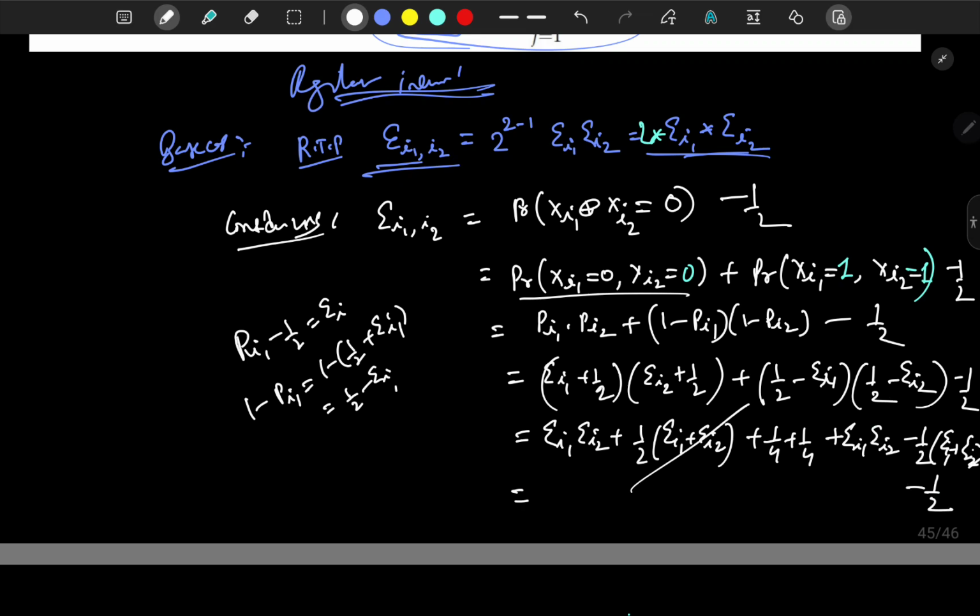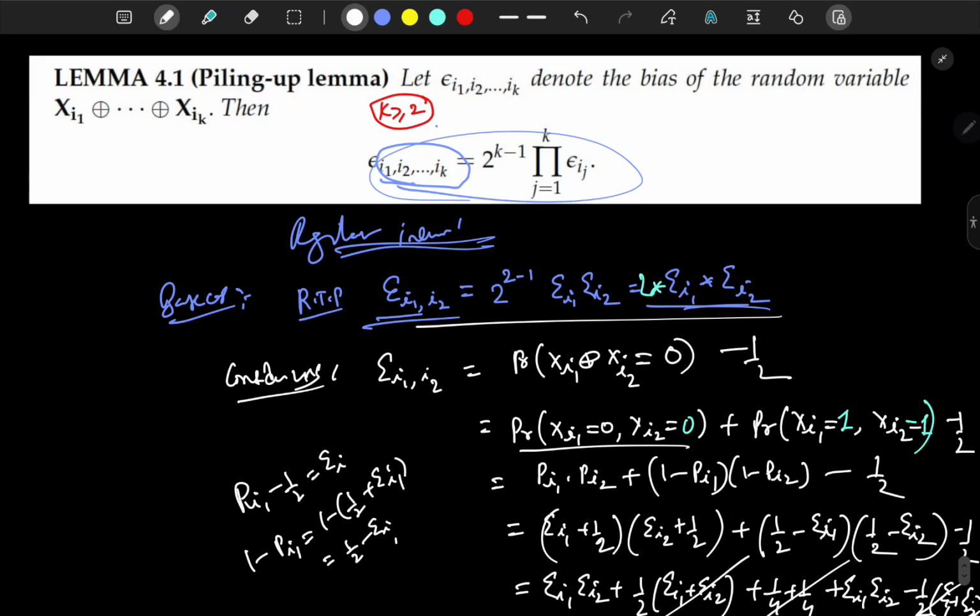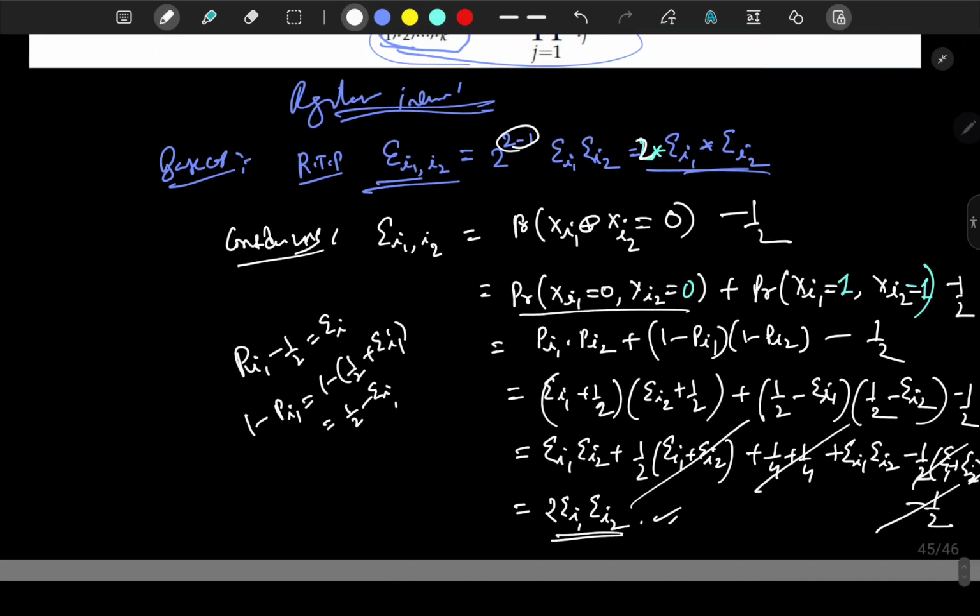So finally, this is what we got, and this is what we have to prove. 2 minus 1, it's 2. And now hence the base case is proved.